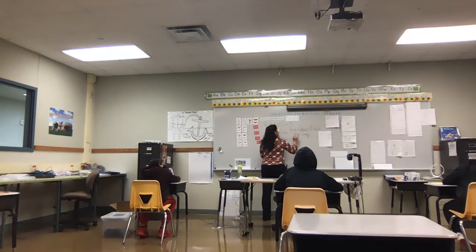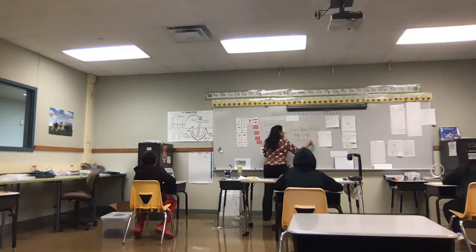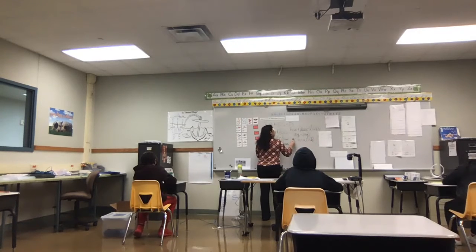We're going to underline the digraph. That's basically it. And if we have the letter C and it comes before an A, O, U, or any other consonant, it's going to be read with a hard C, with a K-back.